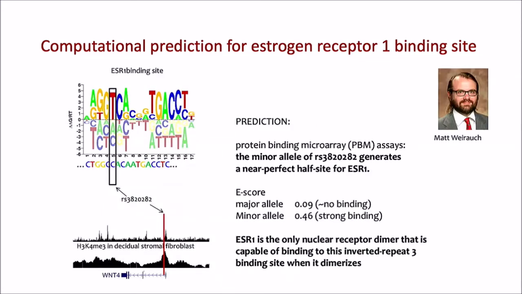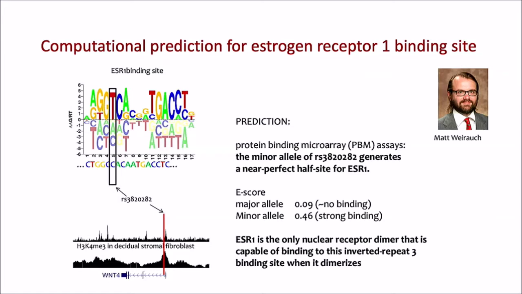Matt Weihrauch has helped us a little bit with this prediction. So we could identify here such a binding site of the estrogen receptor, and this is our mutation. So the T actually generates a fantastic binding site of estrogen receptor just in the first intron of the Wnt4 gene.